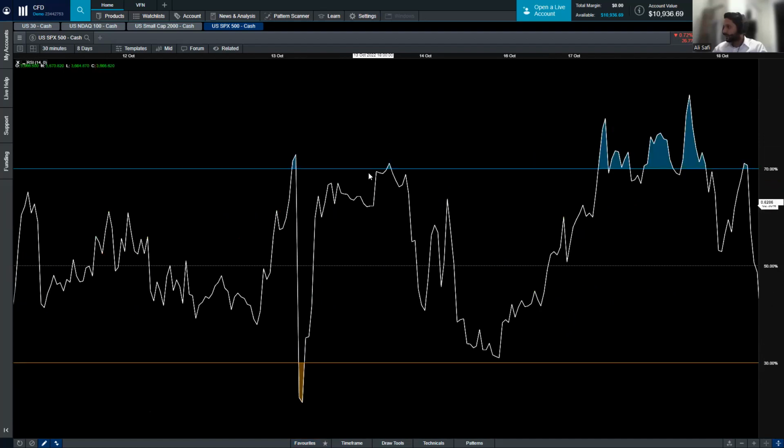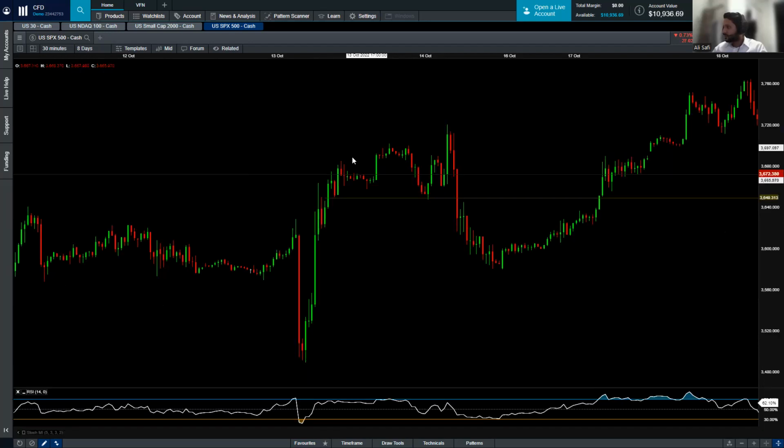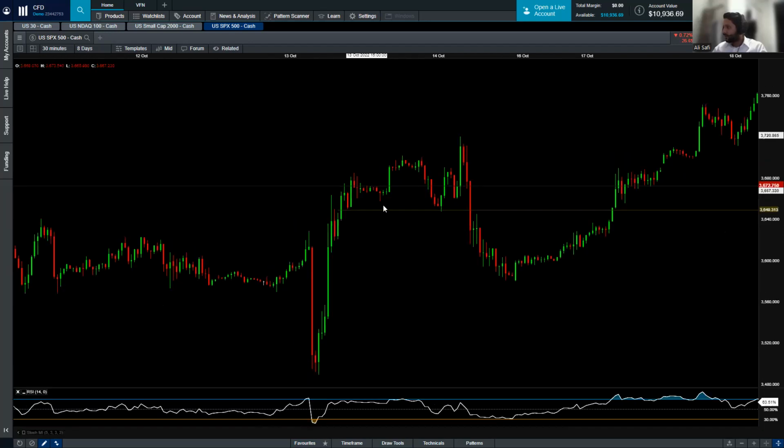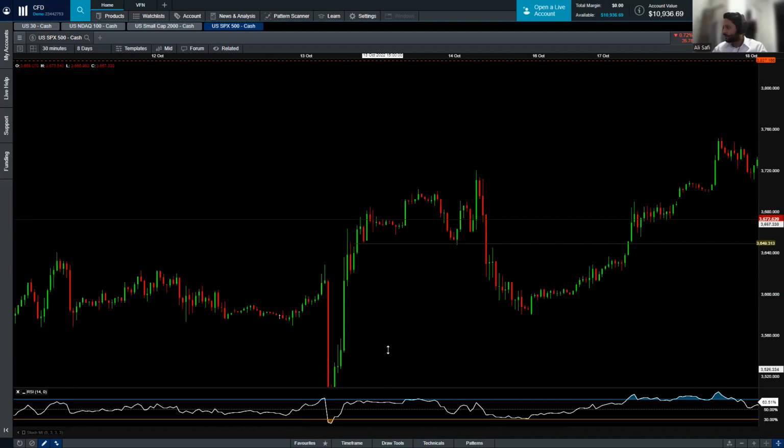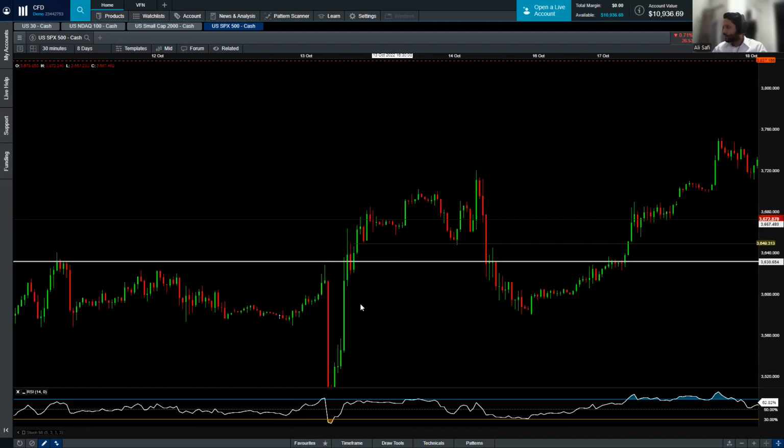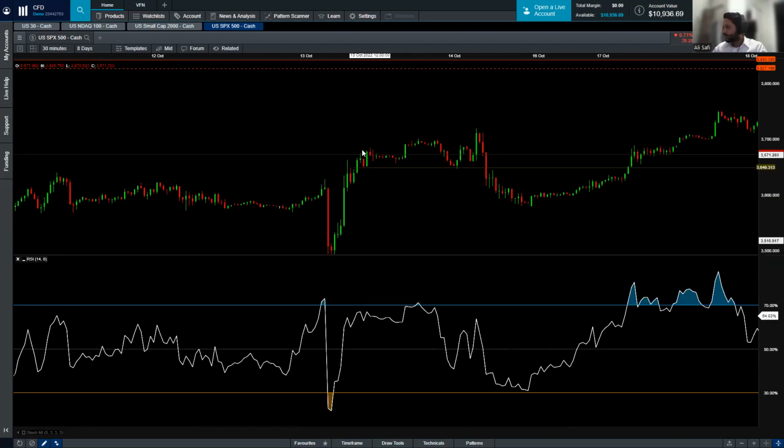So here is the RSI for this one. We didn't have divergence, right? If I pull this up, between this shoulder and this head there was no divergence.